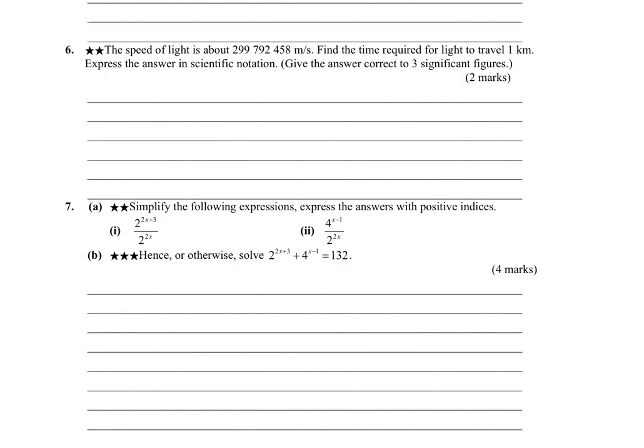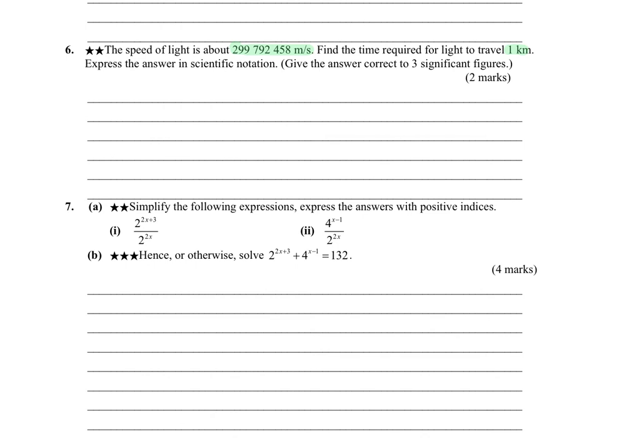And then to this page we'll try to do the question of 6 and 7. So for question 6, it is given that the distance is 1 kilometer and the speed of light is this one, 299792458 meters per second.